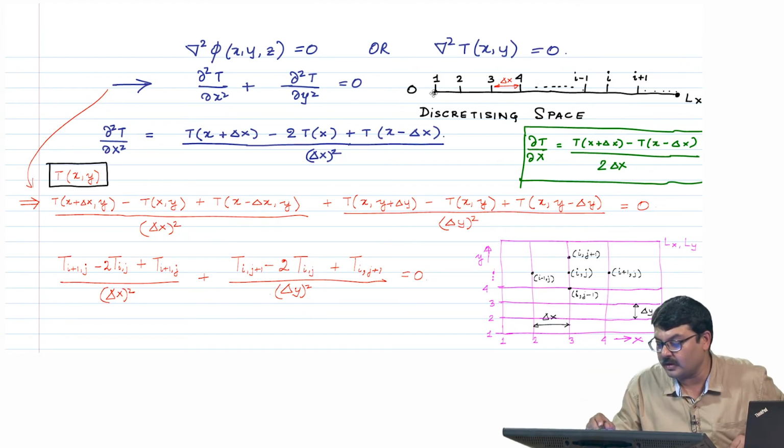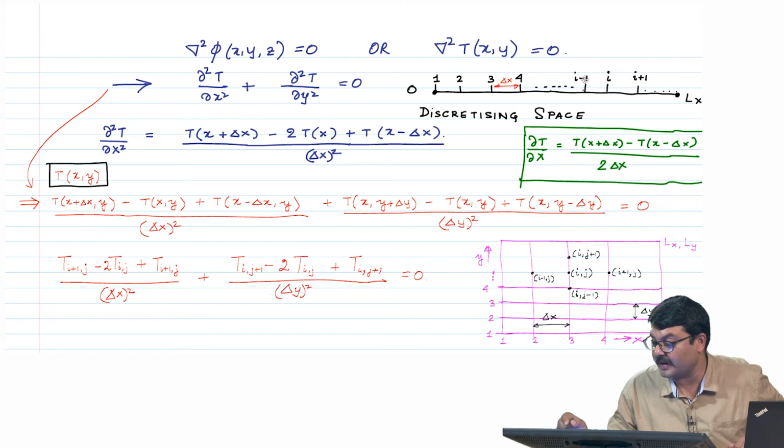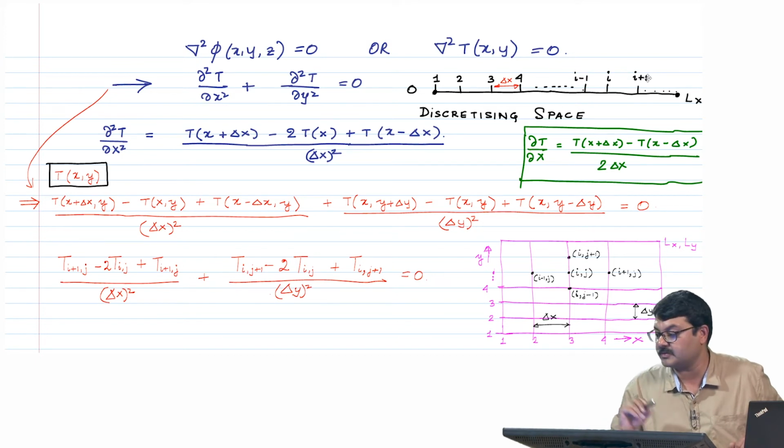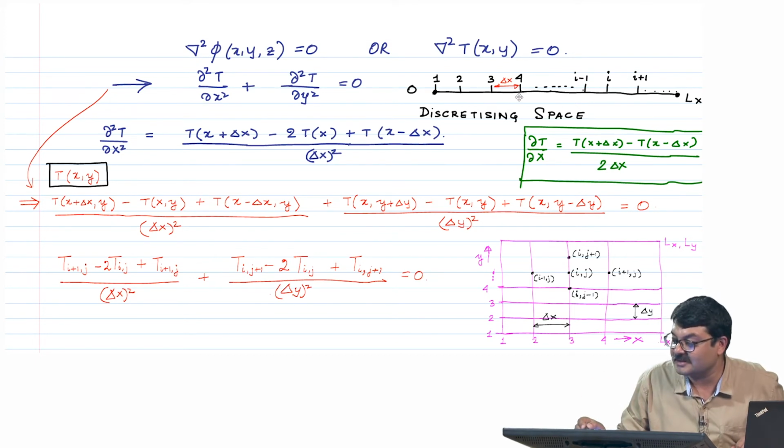So, suppose we call one end of the plate, which is 0, the first point, and the neighboring point the second point, and then the third point, fourth point, and so on, the i minus 1th point, ith point, and i plus 1th point. And the distance between, say, the third point and the fourth point is delta x, right.